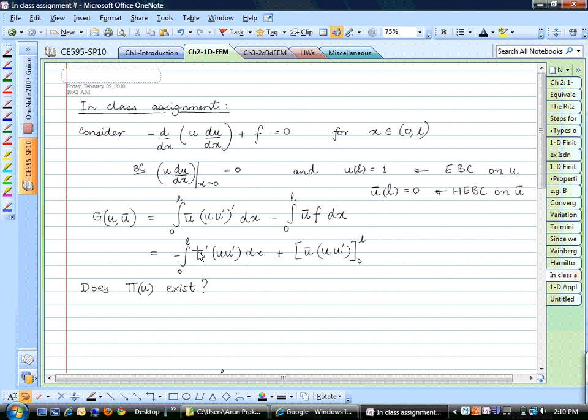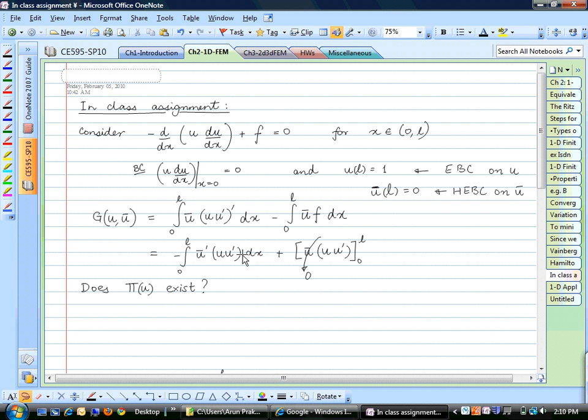And if you do the integration by parts, this term will lead to this term right here. Both the boundary terms, u bar at L is 0, and u prime at 0 is 0. So this entire boundary term goes away because of these two boundary conditions. So all we are left with is that this G of u is equal to this term.